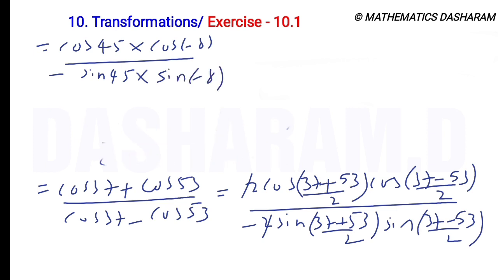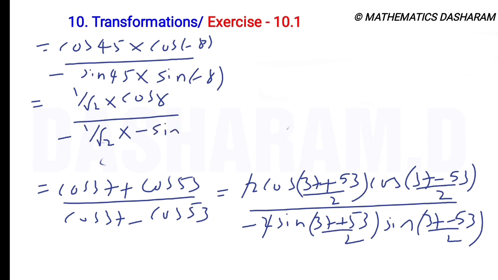So now it is equal to cos 45, which is 1 by root 2, into cos minus theta, which is cos theta itself, so cos 8, by sin 45, which is 1 by root 2. Next, sin minus theta is minus sin theta.